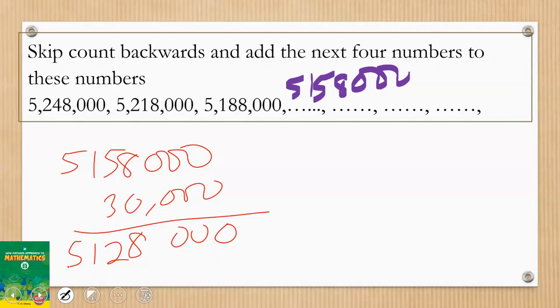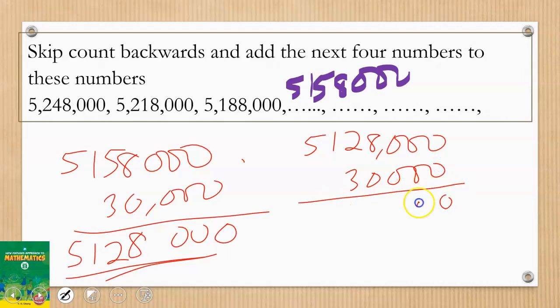So I'm going to get 5,128,000. That's the next number that should follow, right? Then the next number that will follow this one will be from 5,128,000. Again, we are going to do 30,000 subtraction.